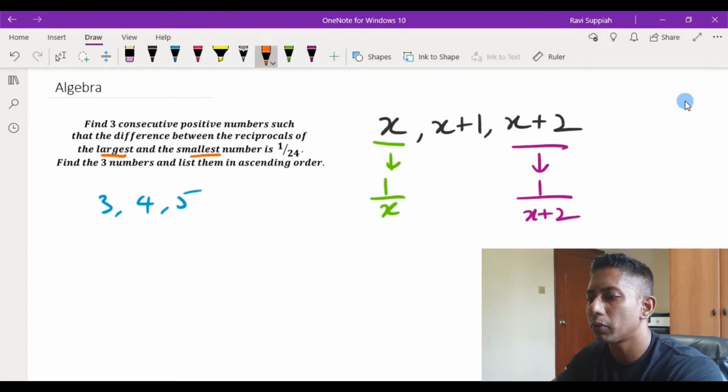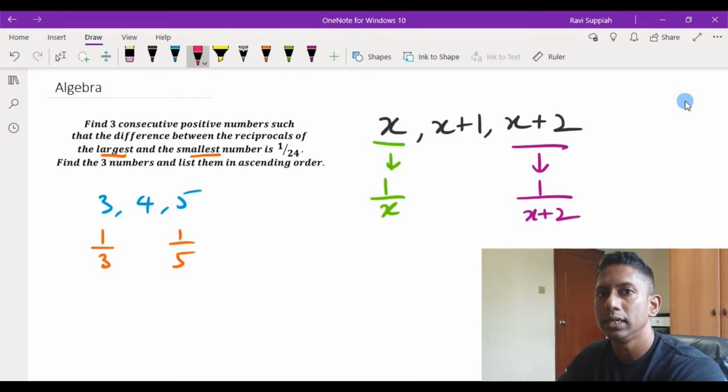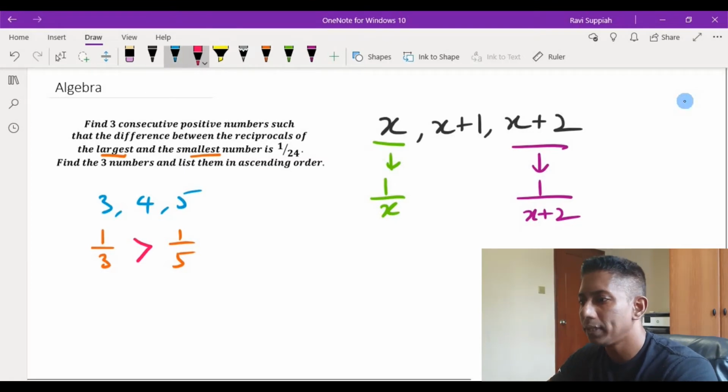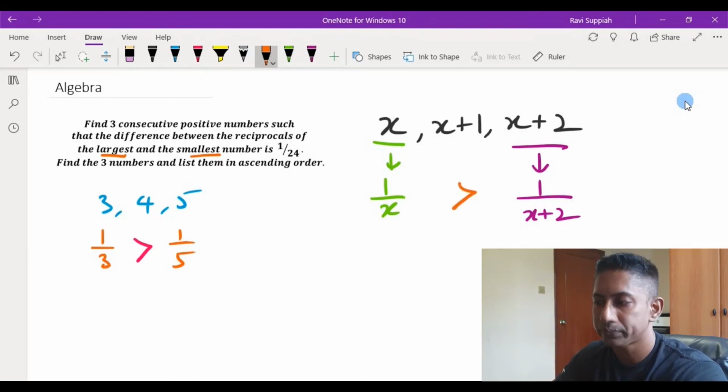If I take the reciprocal of the smallest number and the largest number, 1 over 3 and 1 over 5, you will see that 1 over 3 is actually bigger than 1 over 5. So the reciprocal of a smaller number gives you a bigger number, and the reciprocal of a bigger number gives you a smaller number. With that, we can say that 1 over x is greater than 1 over x plus 2.